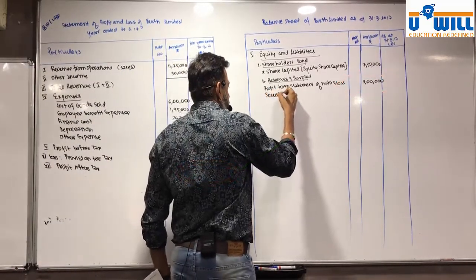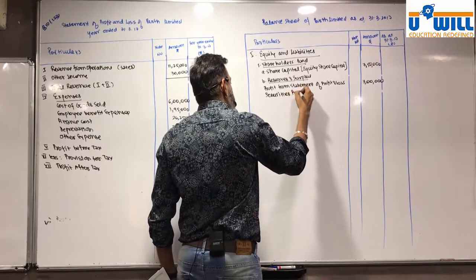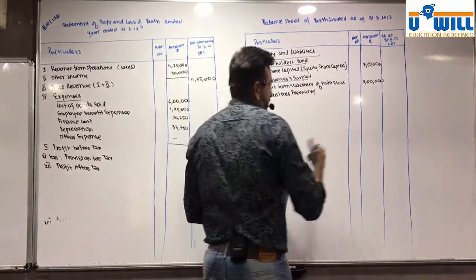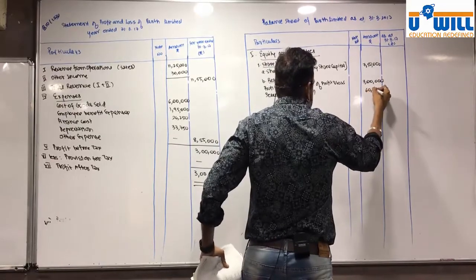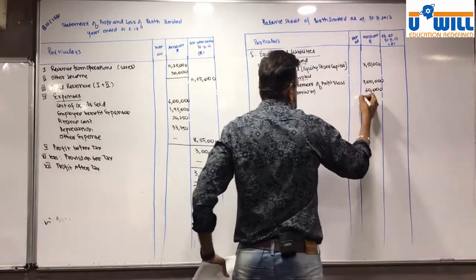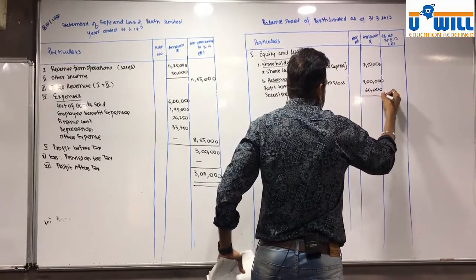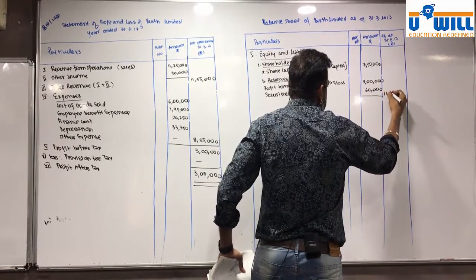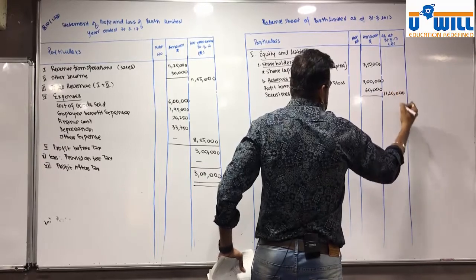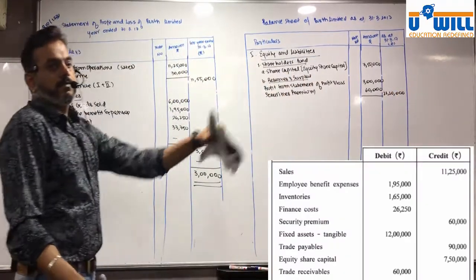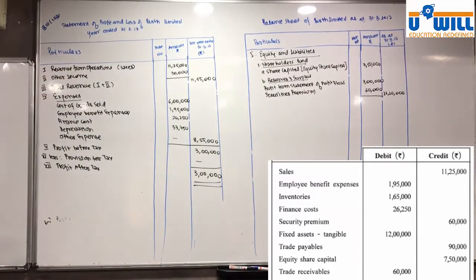Securities premium, $60,000. That's it. Total 11 lakh 10,000.